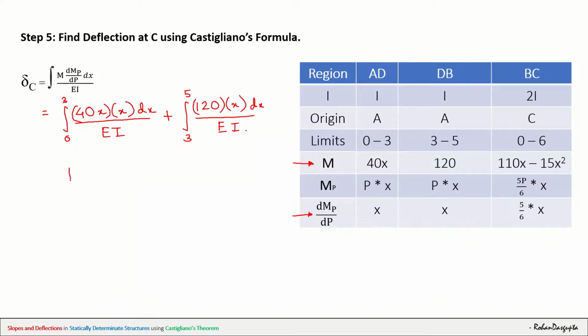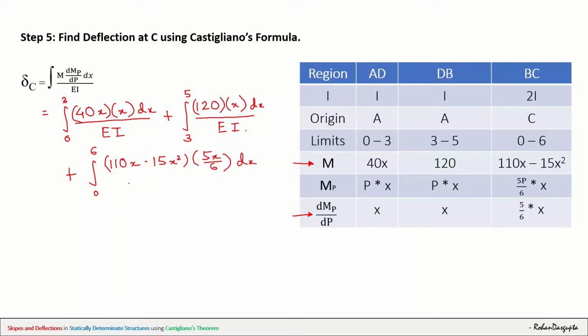Plus, for the portion BC, integration, the limits are 0 to 6. The value of M is 110x minus 15x square. The value of dm by dp is 5x by 6 dx.